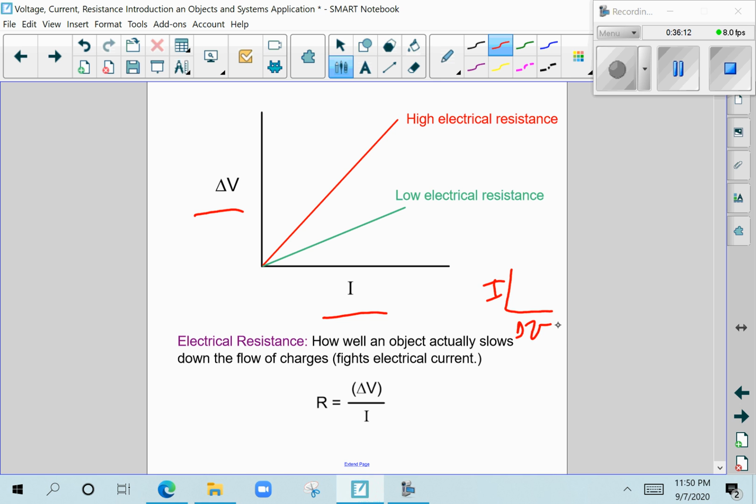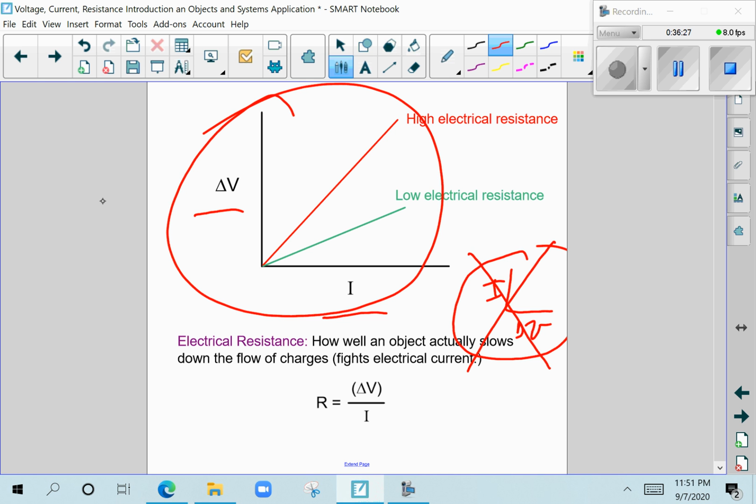This type of graph is very rarely written. The voltage versus current is more practical, but if you're taking the AP test, they can easily go current versus voltage just because they know most people are used to this graph, and so it lays in for an easy trap. So just be aware of that.